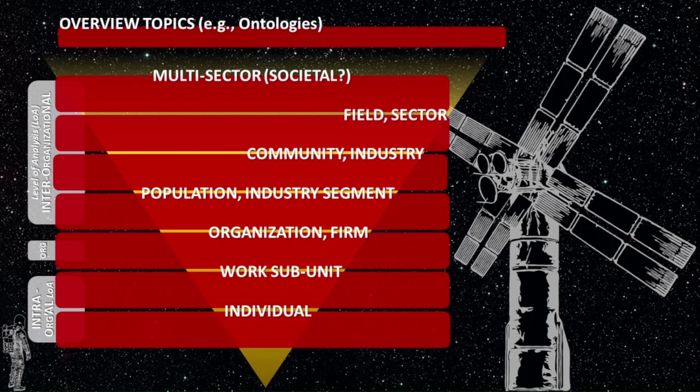In a similar fashion, the hierarchy levels continue upward with populations or industry segments, communities or industries, fields or sectors, and then even larger groupings of societies, etc. Levels below the organizational level are referred to as intra-organizational, and levels above the organizational level are referred to as inter-organizational. As we move through the 7 episodes of this season, I'll identify where each chapter fits on the chart.